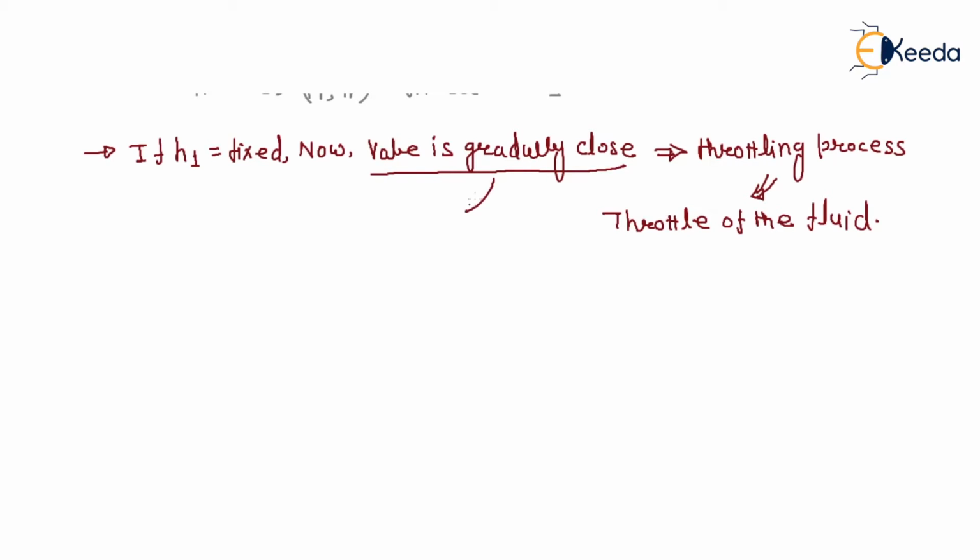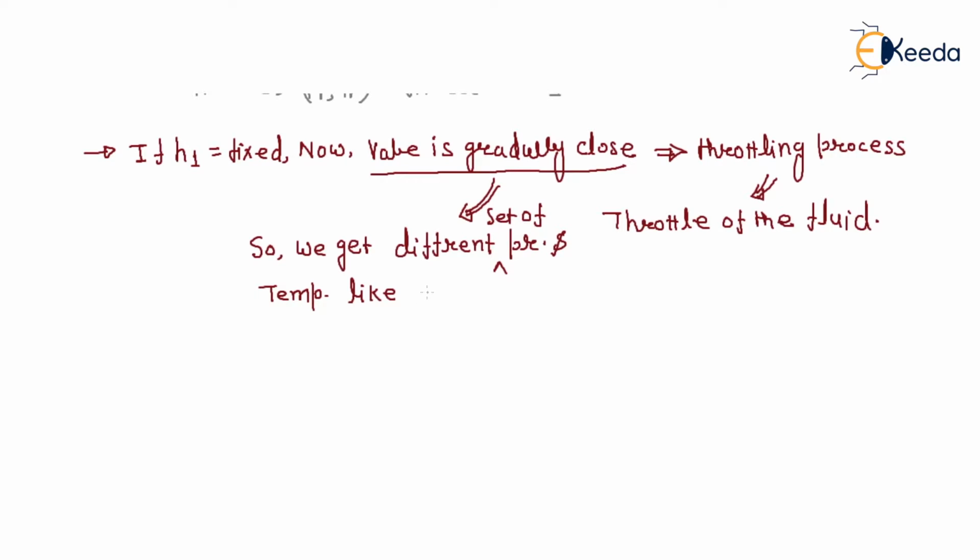If you reduce the passage, at the outlet we get different pressure and temperature, a different set of pressure and temperature, like P1 double dash, T1 double dash, P2 double dash, T2 double dash, like that.